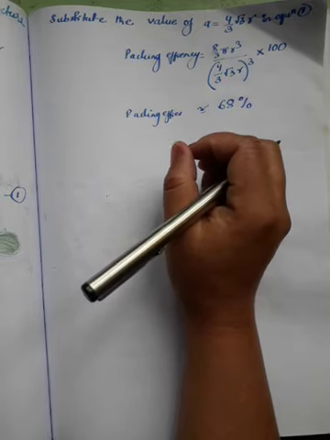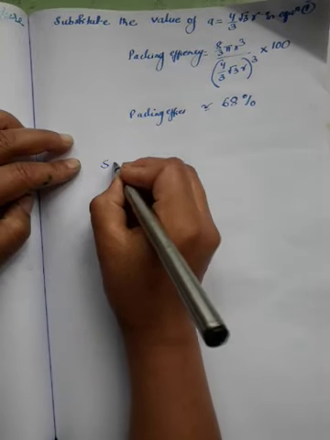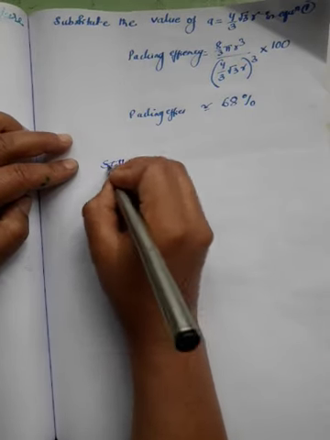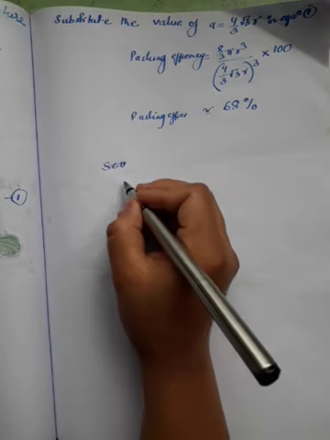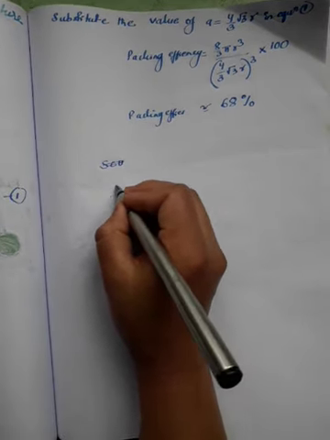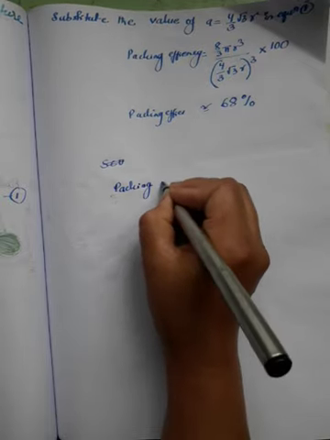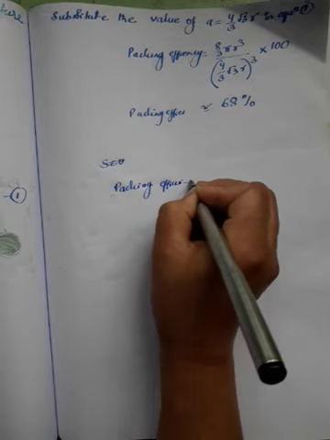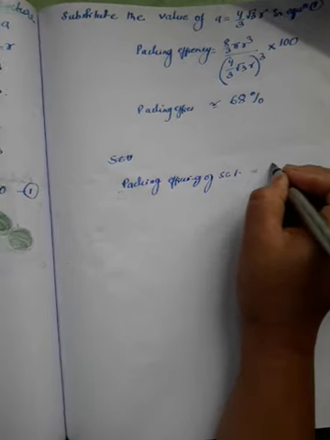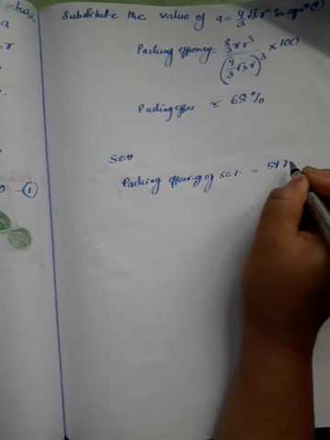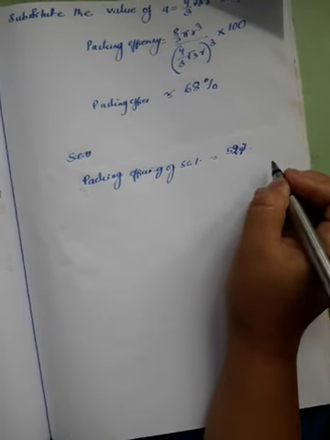Similarly, we can calculate packing efficiency for the simple cubic lattice. You can try it, it's very easy to calculate; try it, and if you can't, we'll discuss again. The packing efficiency of the simple cubic lattice comes to 52.4% after calculation.